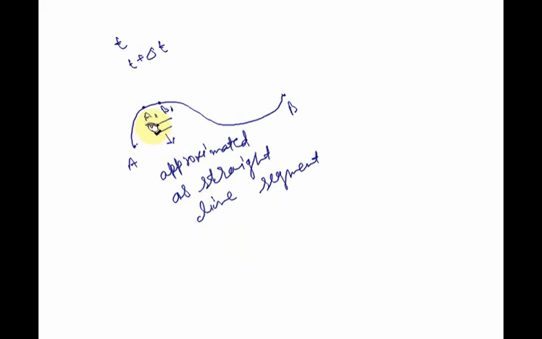So in this case the magnitude of displacement, that is the straight line between A1 and B1, and the magnitude of distance, that is the length of the curve between A1 and B1, will be approximately equal, because we have made delta t very small, and so the segment A1 B1 can be approximated as a straight line.